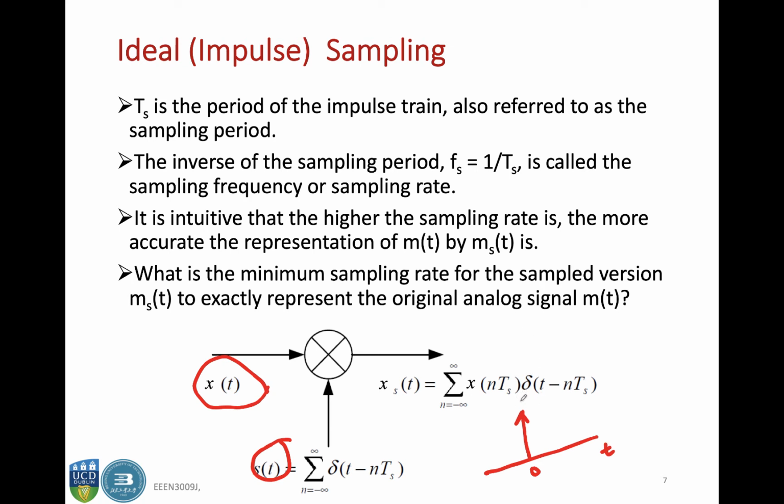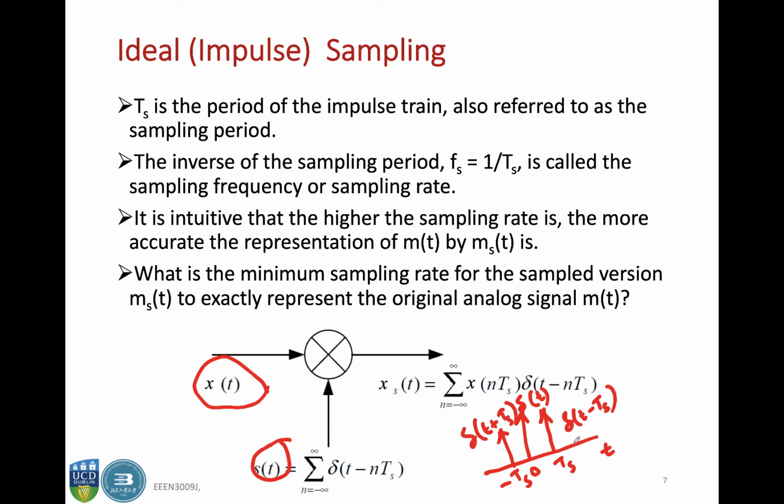So this is your delta(t), and then you can have different shifted versions of this impulse. Let's say this is delta(t minus Ts). So this value occurs at t equal to Ts, and then you can similarly have here at minus Ts, delta(t plus Ts), and so on.